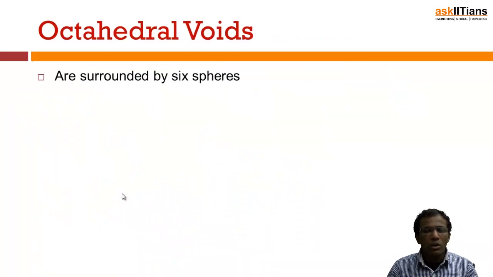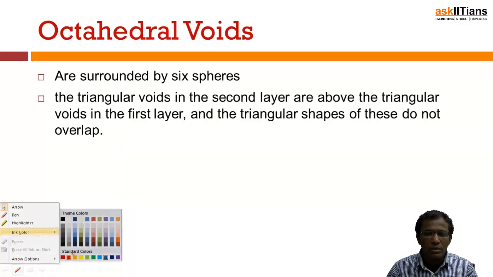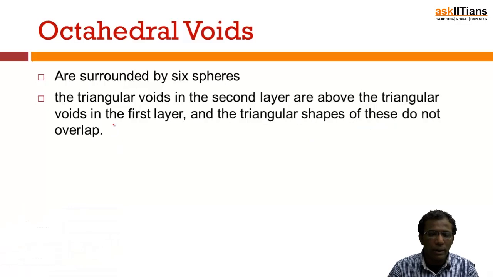Octahedral voids are surrounded by six spheres, and the triangular voids in the second layer are above the triangular voids in the first layer, so that the triangular shapes of these do not overlap.